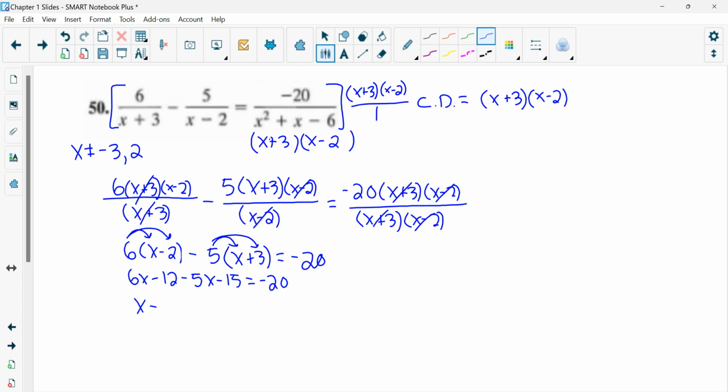Negative 12 minus 15 is negative 27. And then when we add 27, we get x equals positive 7. 7 is not one of our restrictions, so therefore our answer would just be positive 7.